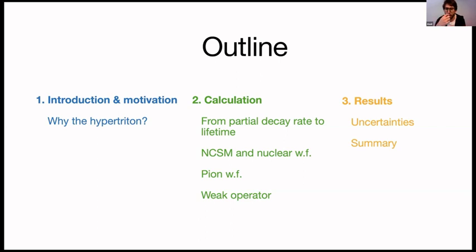We will focus on a partial decay rate, and from that deduce the lifetime. I will spend some time at the end briefly tackling the problem of uncertainties, and to start, of course, motivating and introducing the Hypertriton, although this has been very much done, I believe, in previous talks.